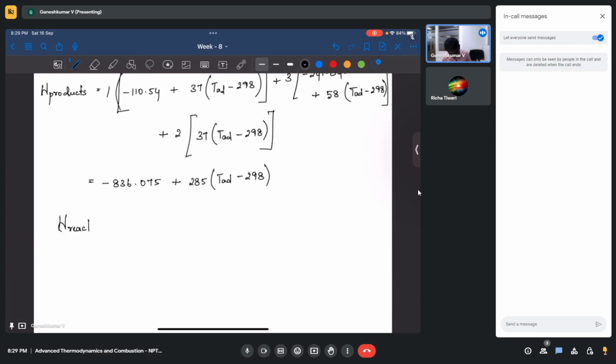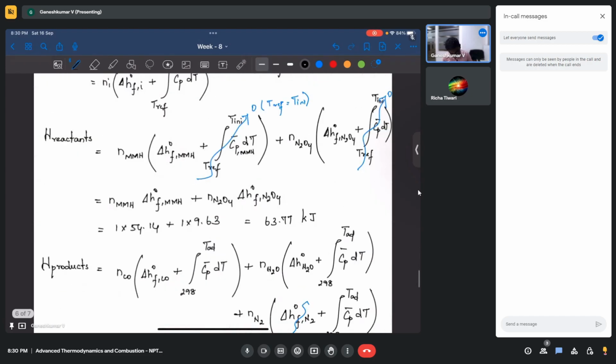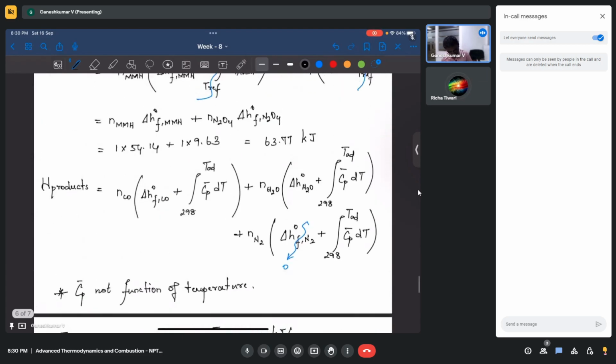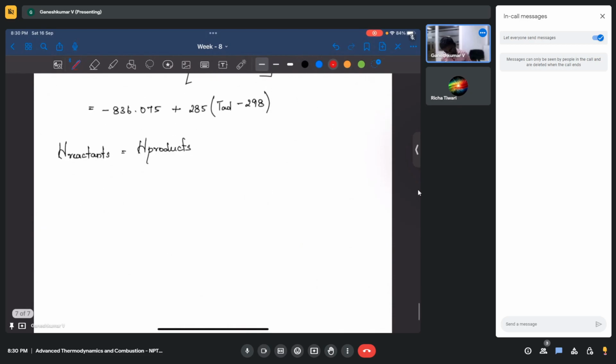We already found H reactants, 63.77. So 63.77 is equal to minus 836.075 plus 285 times T adiabatic minus 298.